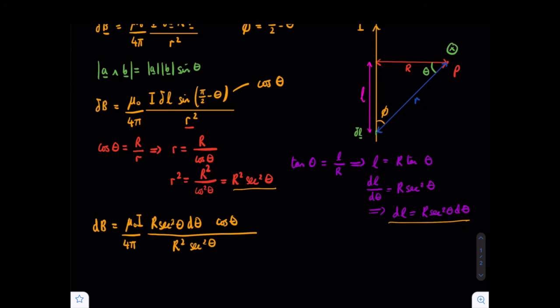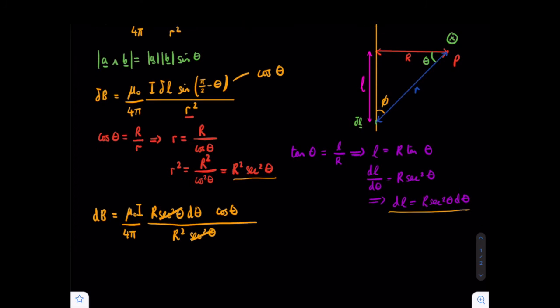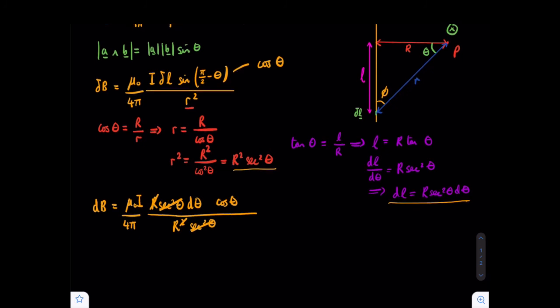What's really nice about this is the sec squared thetas cancel out, and then the big R can have some cancellations too, and then we result in some integration.